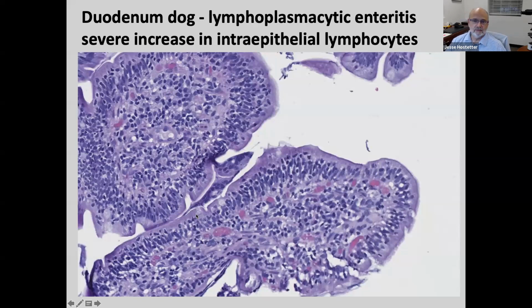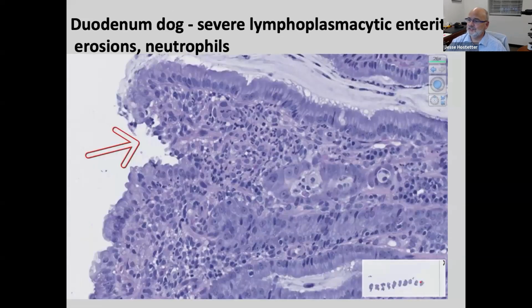Lots and lots of intraepithelial lymphocytes. And then last, and you all caught it, there's attenuation of the epithelium. Look at, these are just not, they're kind of haphazard along here. There's not much of a brush border. And then right there, boom, we have an erosion.